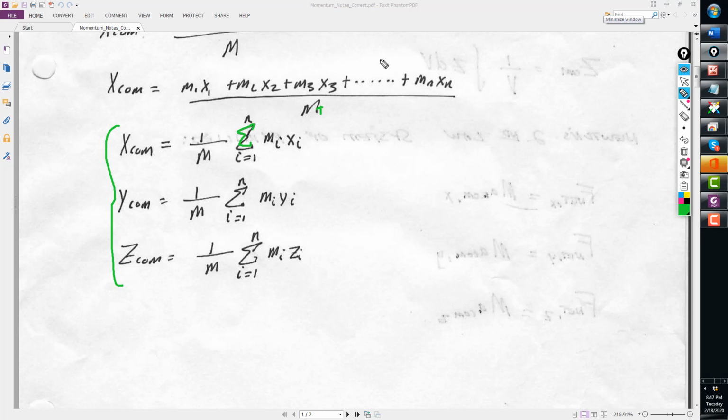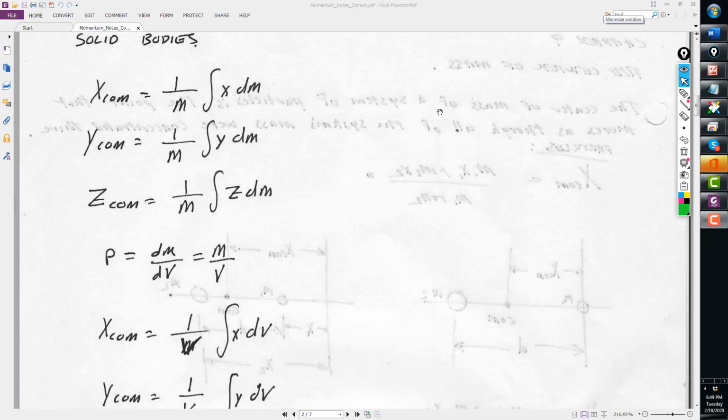And in essence, you're just adding these up. We're going to see later that this becomes an integral, and we integrate these solid bodies across a rigid body of uniform or varying geometry depending on the situation. But this occurs in all 3 dimensions, so you just calculate them and you'll find the x center of mass, the y center of mass, and the z center of mass.